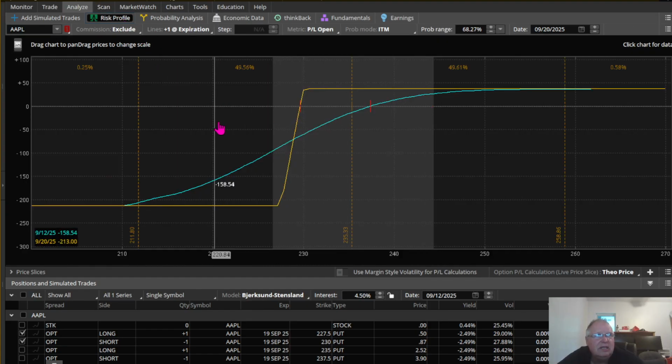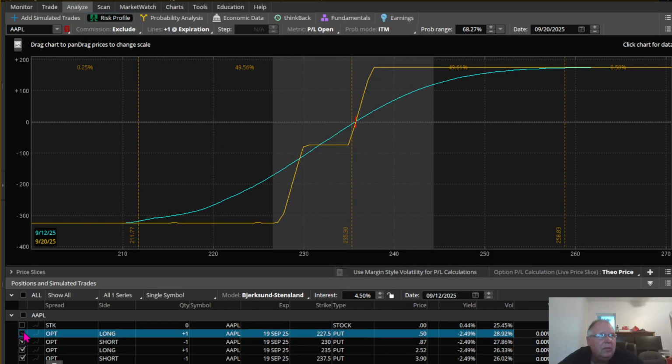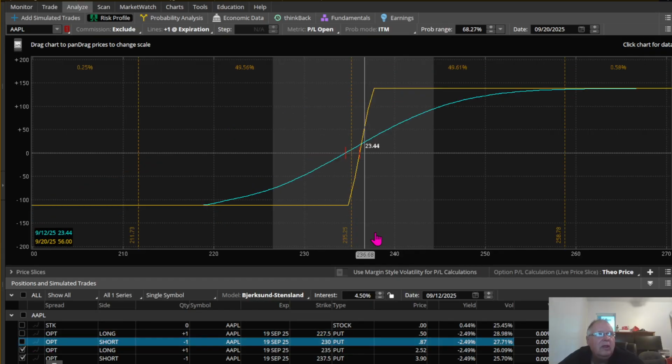Okay, you can see everything's shifted. The likelihood of us staying above this break-even point is much, much greater than the first trade we were looking at. So a lot of it comes down to our risk tolerance and our confidence in our forecast. All right, I'll post this and then we'll talk again tomorrow.